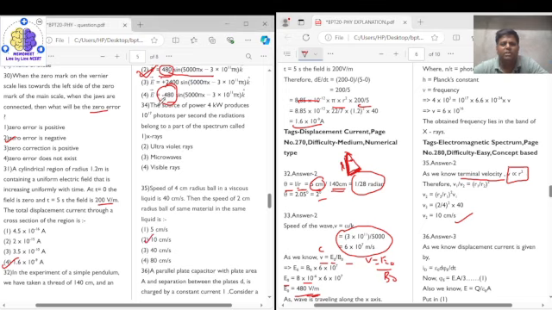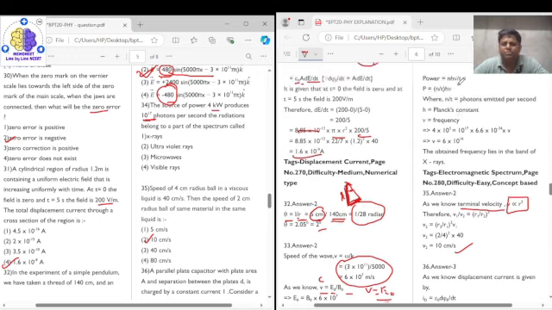Question number 34 says that a source of power 4 kilowatt produces 10 to the power of 17 photons per second. The radiation belongs to the part of the spectrum called... So here they have given the power and the rate of production of the photons, that is 10 to the power of 17 photons per second, right?